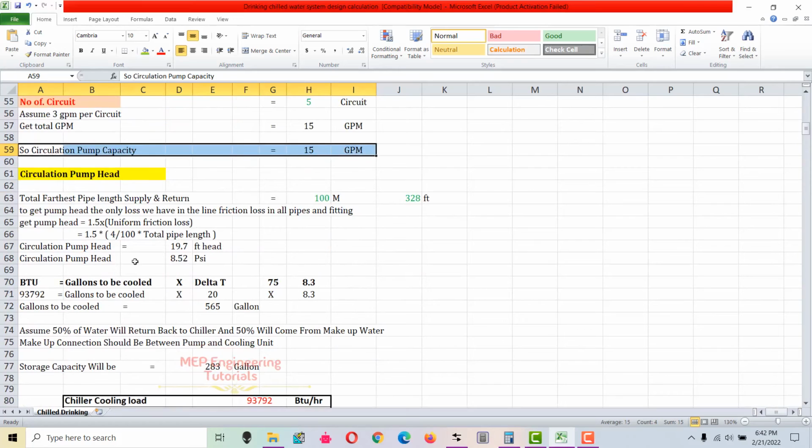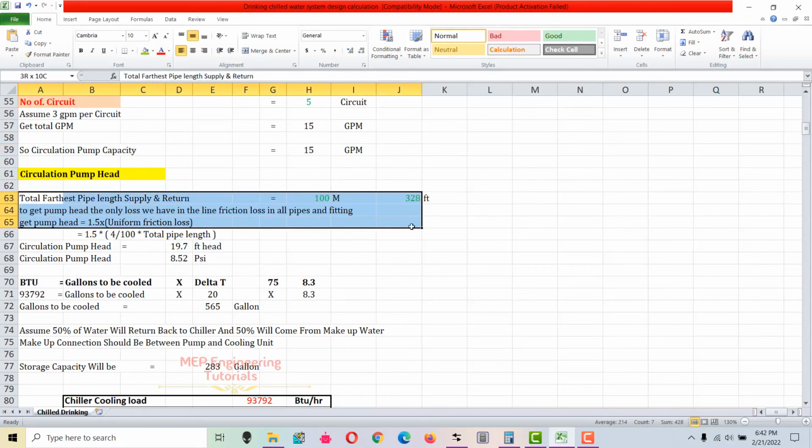So now I'm going to calculate the circulation pump head. As you know, for the head calculation we have to check the furthest pipe length for supply and return. And to calculate the head we have a total of 2 types of losses which we have to compute. One is the straight pipe length loss and the other is fittings and component losses.